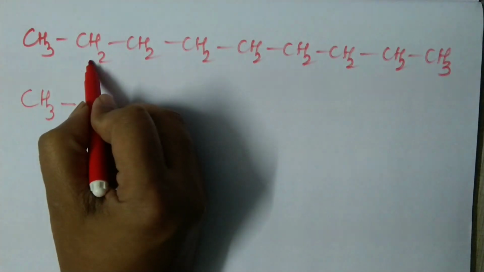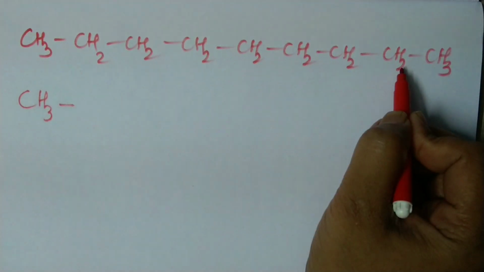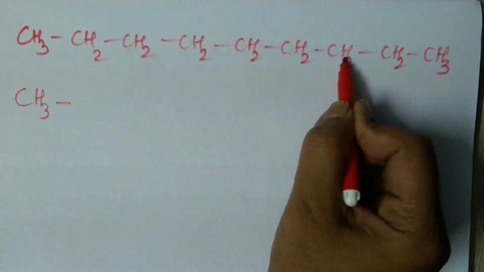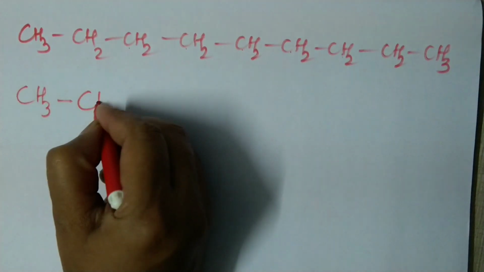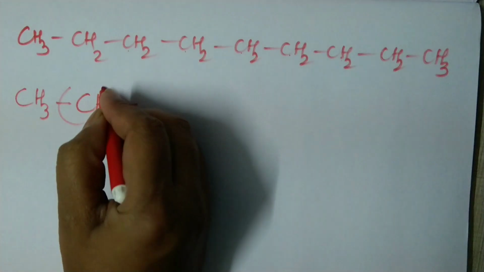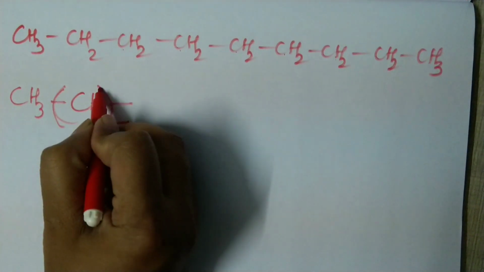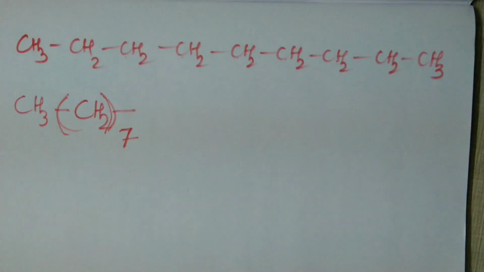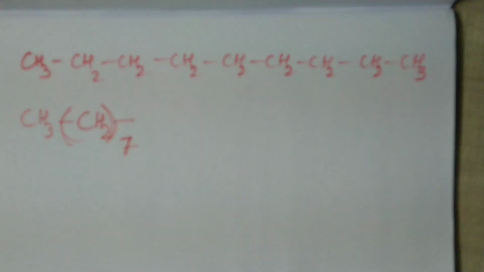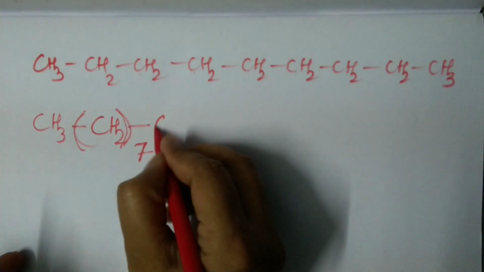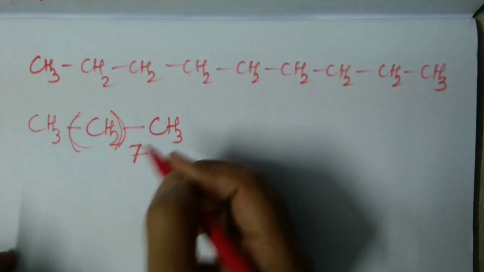Okay. How many CH2 are there here? 1, 2, 3, 4, 5, 6, 7. So CH2 has been repeated 7 times. So I have just written CH2, put the bracket and written 7 times. Understood? Followed by CH3.